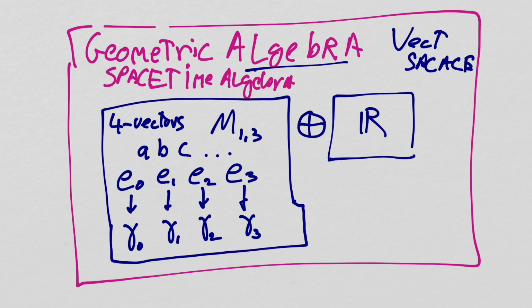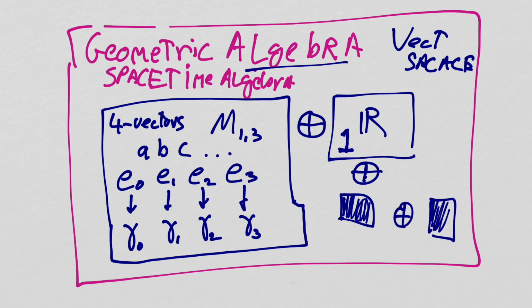But the real numbers have their own basis vector, and it's the unit, right? The number 1 is now the basis vector of this one-dimensional vector space that we've added to build up this algebra. And it's actually pretty interesting, we have other vector spaces that we need to also direct sum into this.